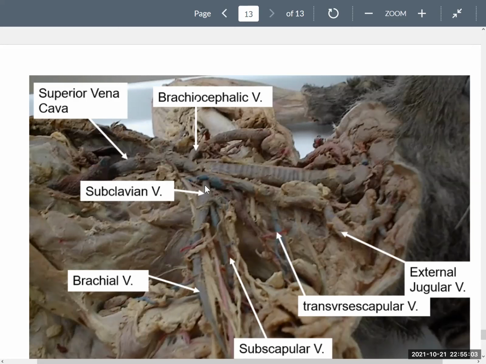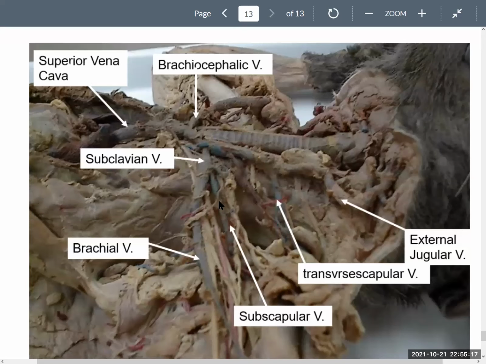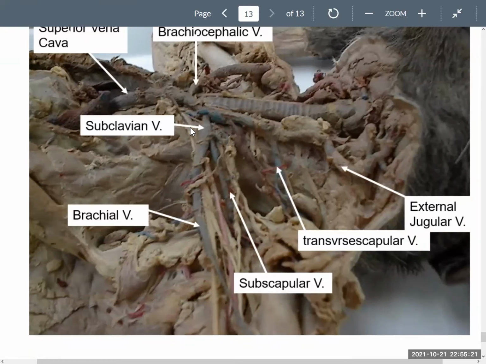Now look how short this is. It was longer in the other cat, but every cat is different. This is subclavian, and here comes off the subscapular. And then we have the brachial. Also notice that the external jugular is not running a straight line. It's curving and twisting. That happens all the time.